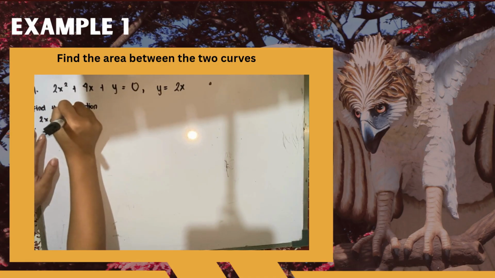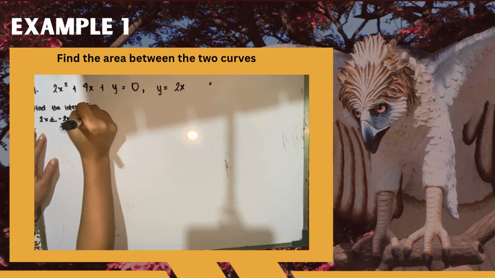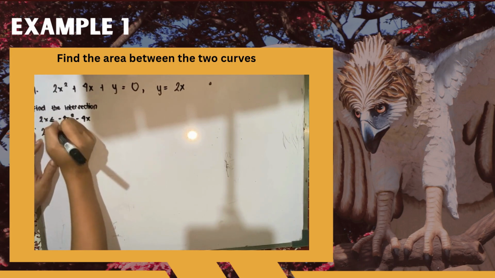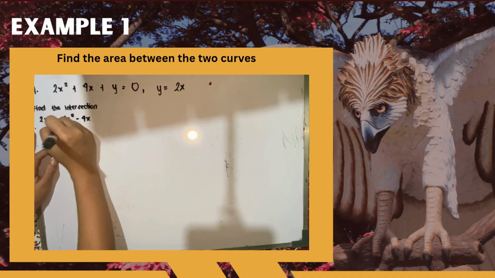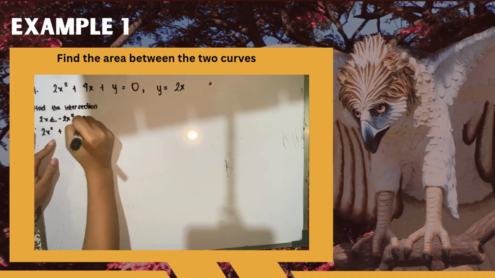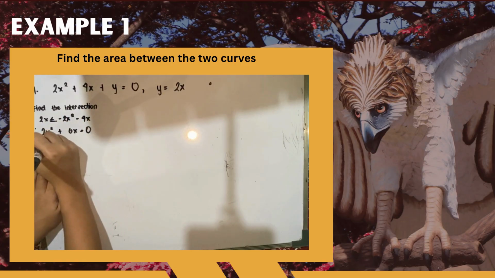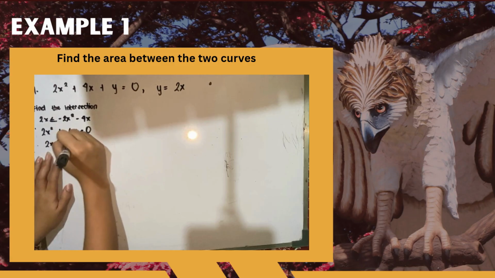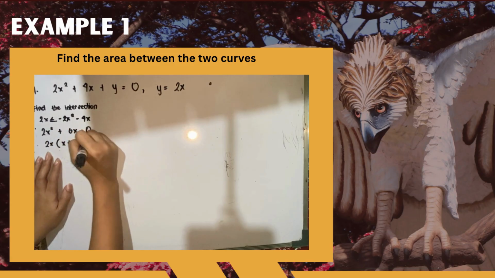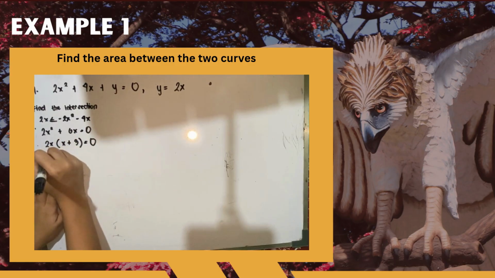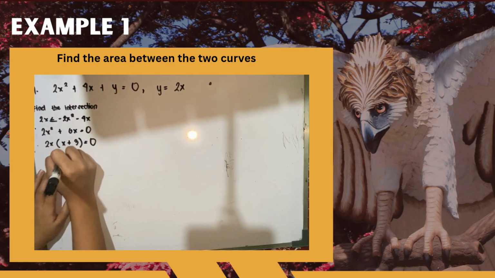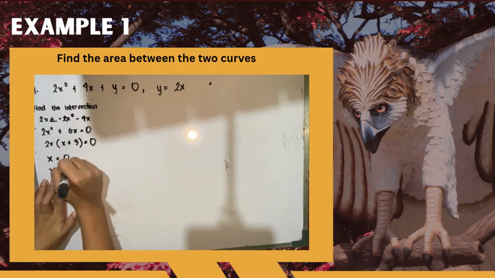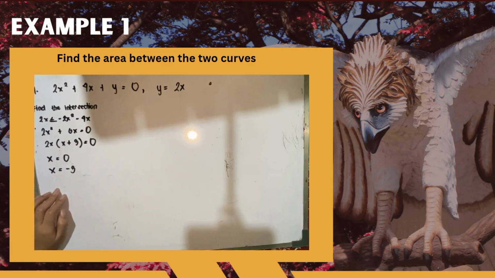So we have 2x equals negative 2x squared minus 4x, which becomes 2x squared plus 6x equals 0. Then it becomes 2x times (x plus 3) equals 0. So we have x equals 0 and x equals negative 3.